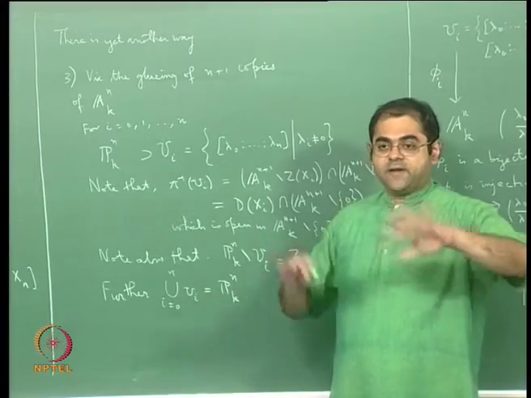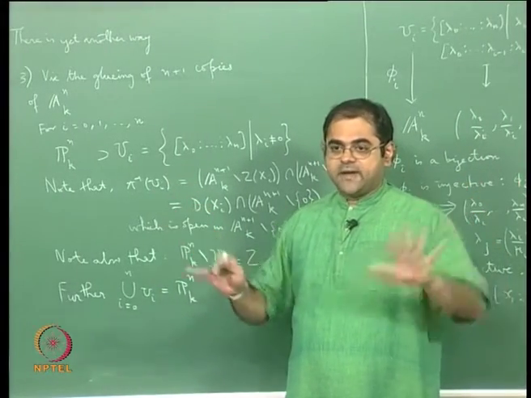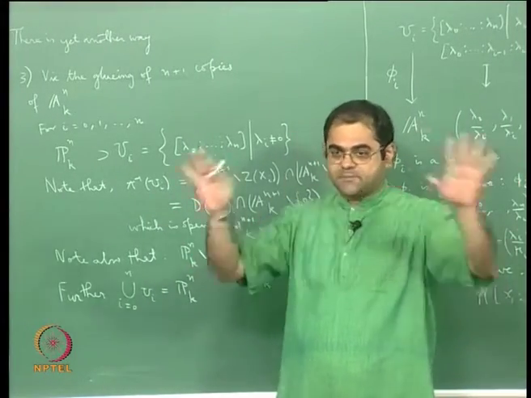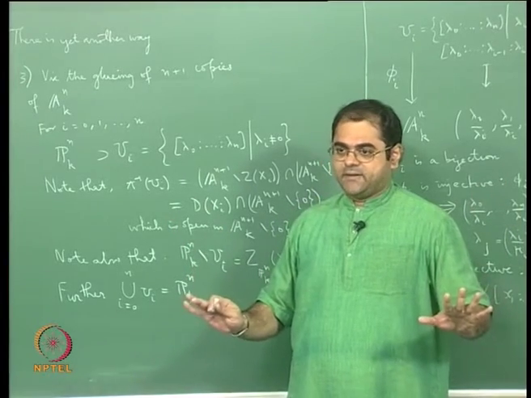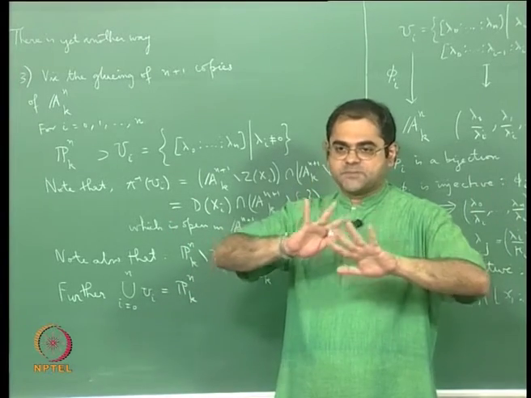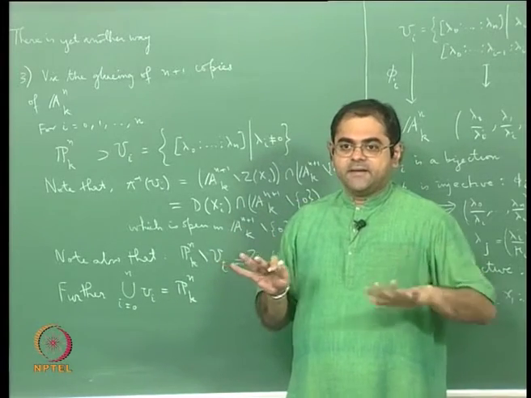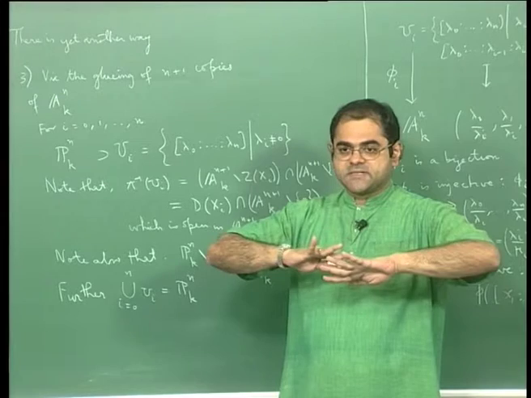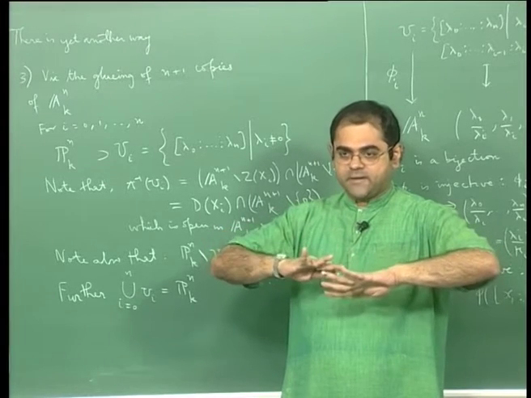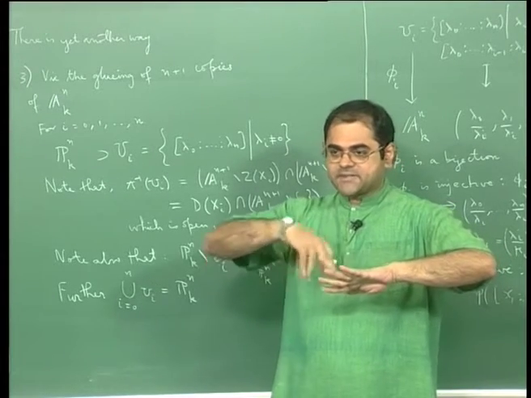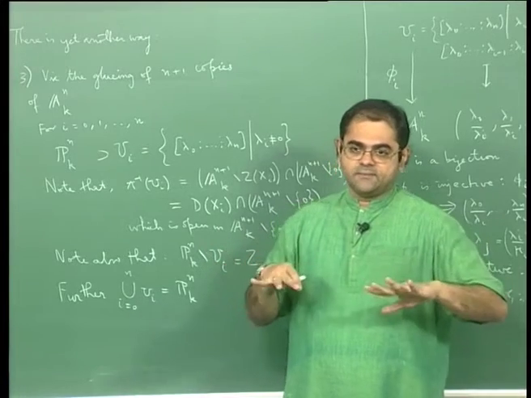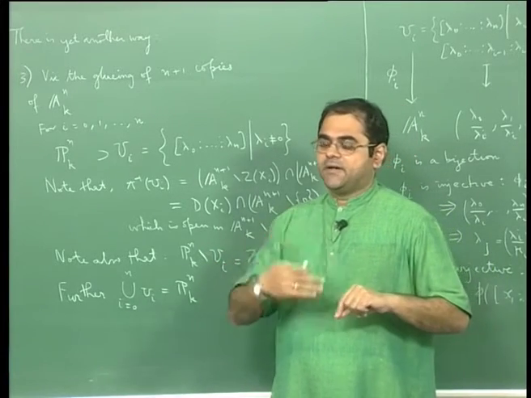If you just have a set, and you have two subsets, and on each subset I give you a topology, then on the union of those two subsets this will give a topology provided on the intersection the topologies agree.